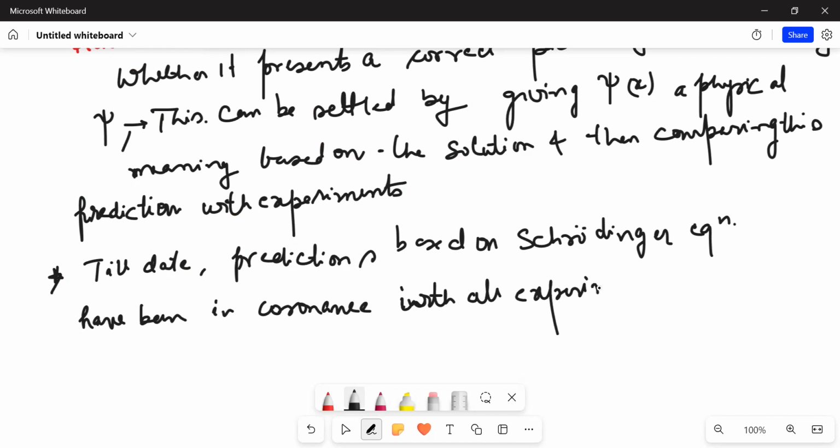Till date, we have not found any deviation from the experimental findings. Whatever prediction we make using the Schrodinger equation, they have followed the experimental line.